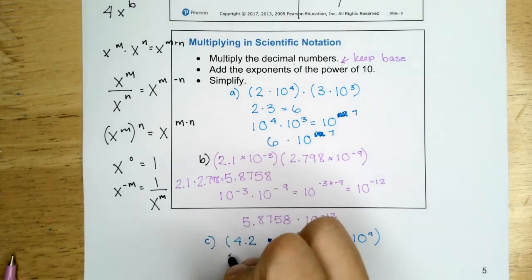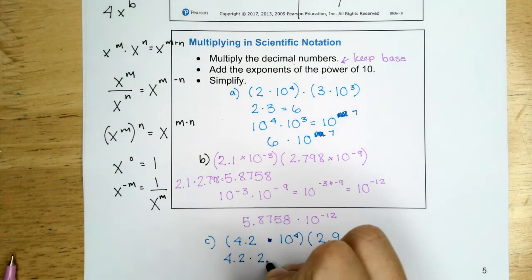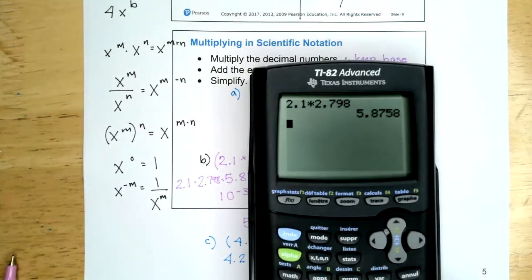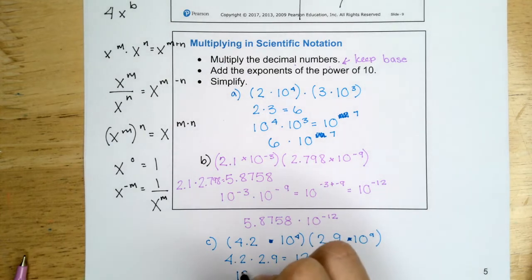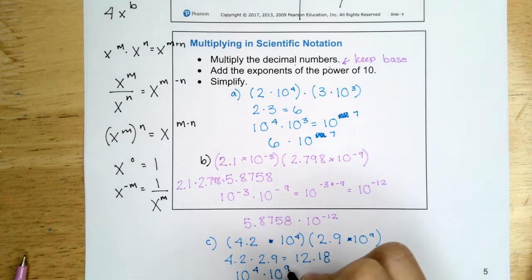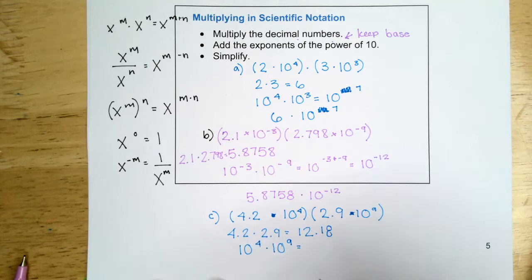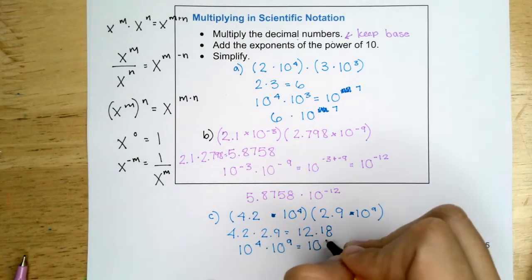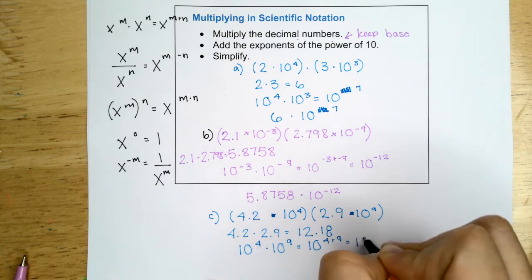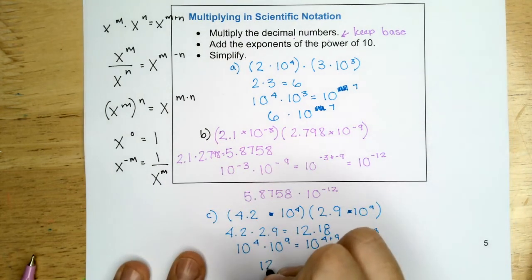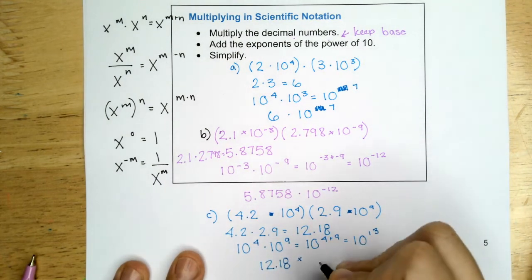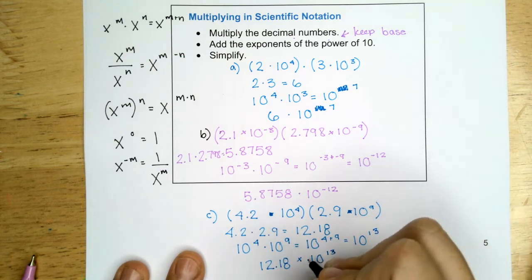So we're going to say 4.2 times 2.9 is 12.18. 10 to the 4th times 10 to the 9th. We're just keeping the base. We're using the rule of exponents. You keep the base and you add 4 plus 9. 10 to the 13th. Good. So then it becomes 12.18 times 10 to the 13th.